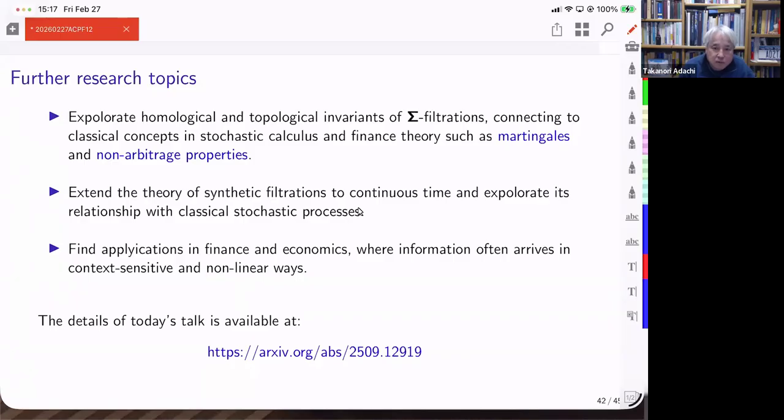But recently, I realized that there is a way of introducing continuous time. If I have time, I will explain some about that. And finally, I want to find applications in finance and economics, where information often arrives in context-sensitive and nonlinear ways. This is very important as an application.